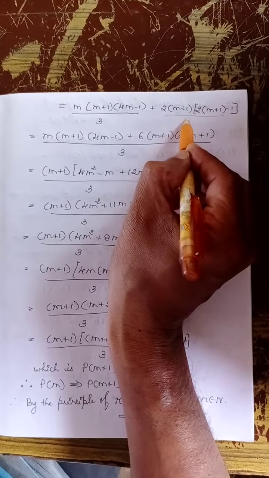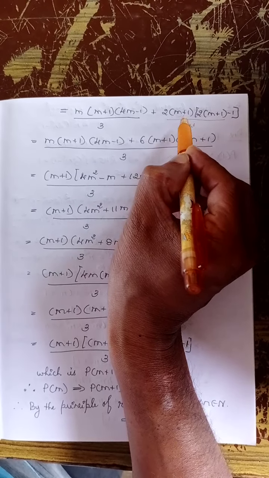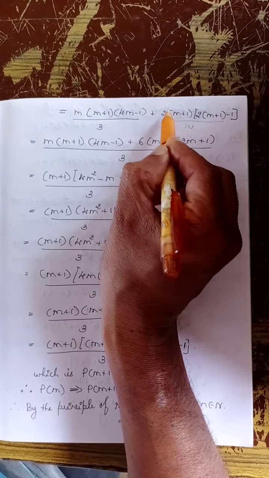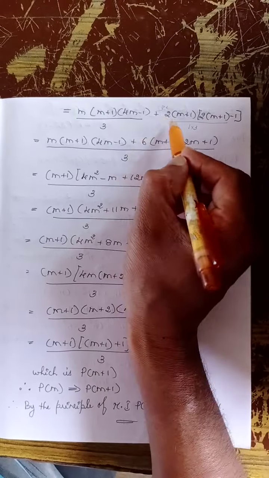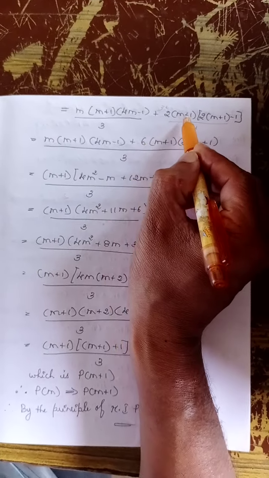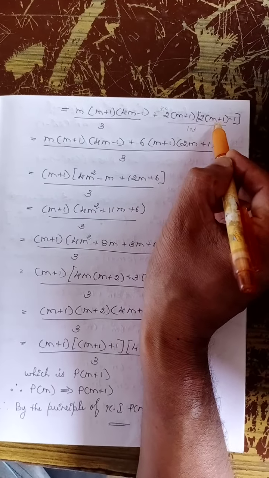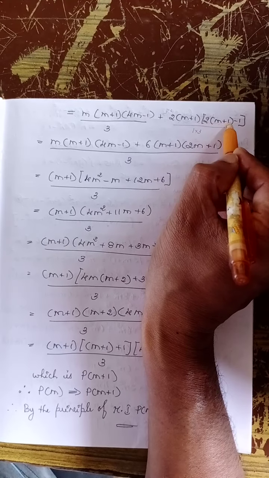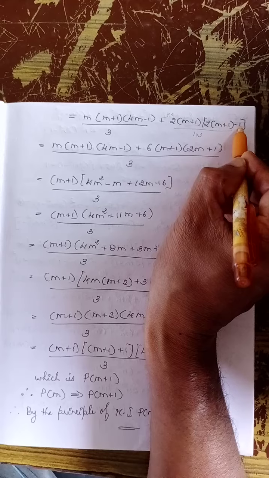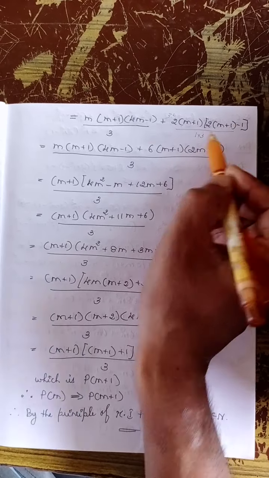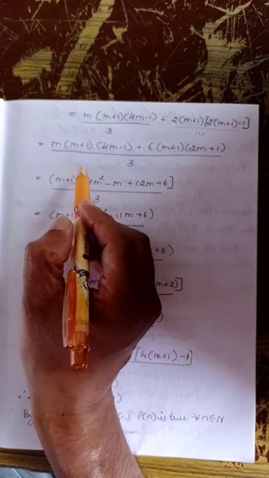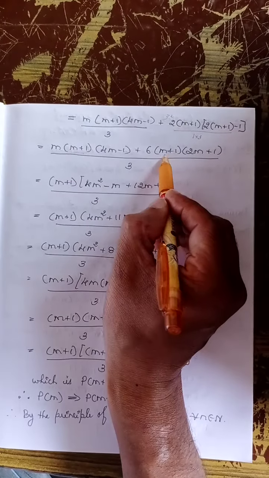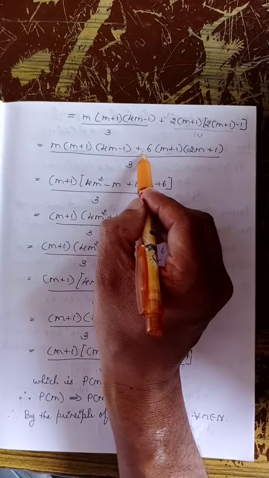That is m into (m plus 1) into (4m minus 1). Here the denominator is 1, so making the common denominator by multiplying by 3 here, that is 3 into 2 into (m plus 1), and we simplify this: 2 into m is 2m, 2 into 1 is 2, plus 2 minus 1 is plus 1, it is (2m plus 1) whole divided by 3. Here (m plus 1) is the common term in these two terms.